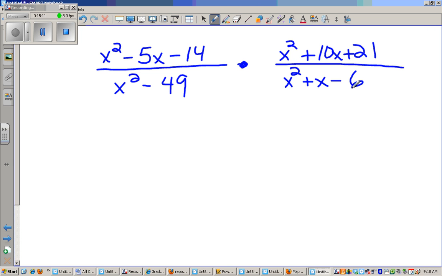Let's see, I'm going to think this one through. I want this to work out. Let's make this a 5x. So x squared plus 5x minus 6.